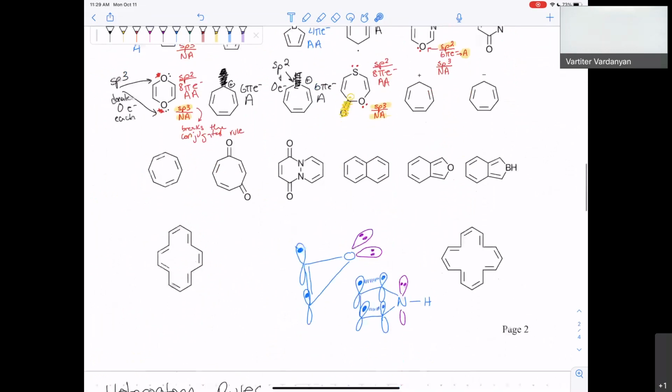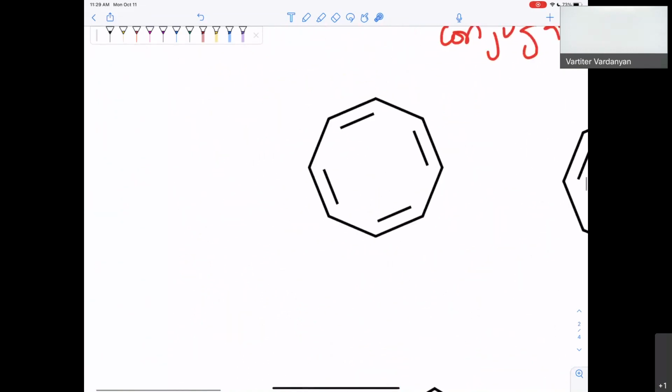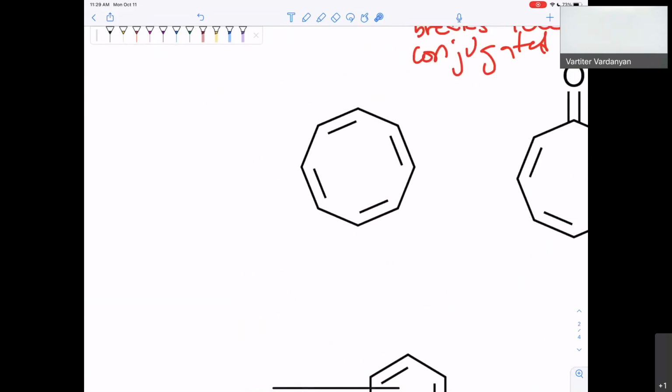Let's do one of the big rings because I don't remember if we got to do that last time. So, what was the rule I told you guys about planar molecules? Yes, so if it's less than 8 members, we're going to assume it's planar. But if it's 8 members or more, we have to actually take this planar thing into account. So this is an 8-membered ring.